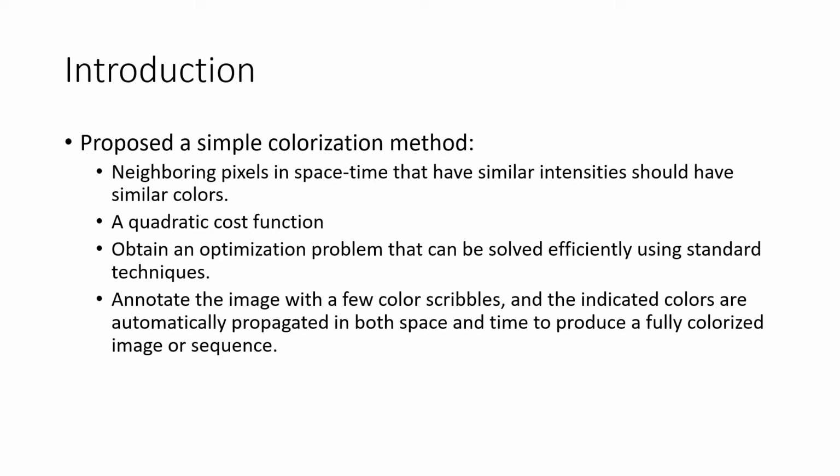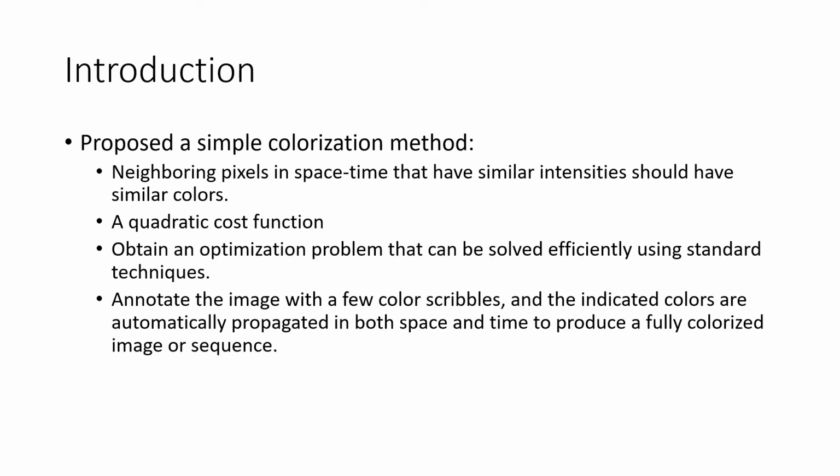Now there is a word called intensity. We will go to that word later. The second characteristic of this paper is that the objective function, or the main function to be optimized, is a quadratic cost function. This quadratic cost function has to be minimized to obtain the colorized image here.